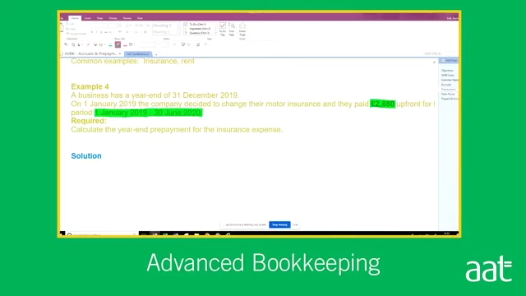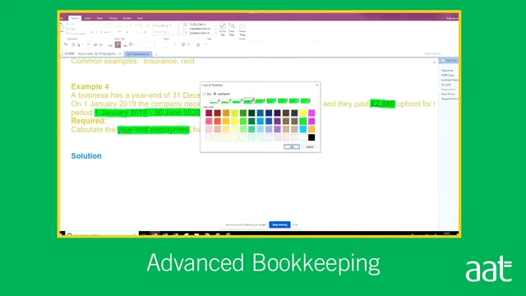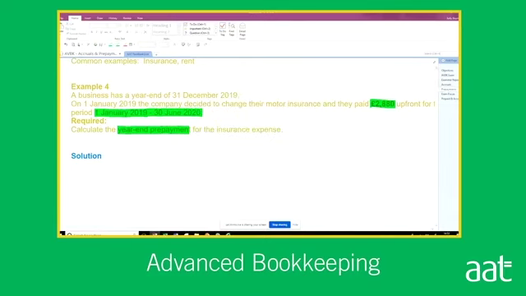So the question that we need to ask ourselves is we need to calculate the year-end prepayment. So how much of that 2,880 relates to next year? If I think about it, we've got January to December, 12 months, January to June, 6 months. We have effectively paid for 18 months.